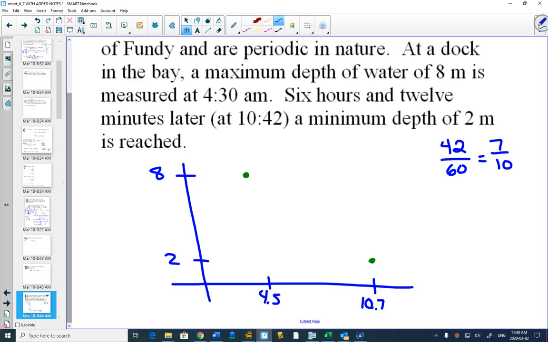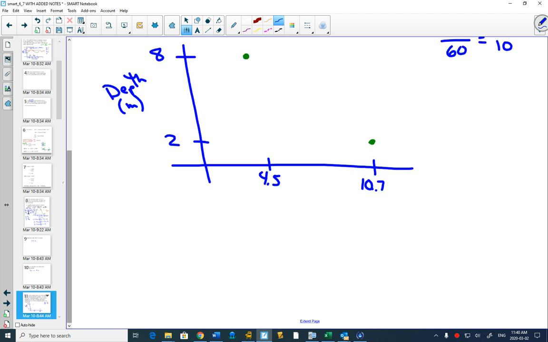Well, we should label some things: this is depth in meters, and this is time in hours.